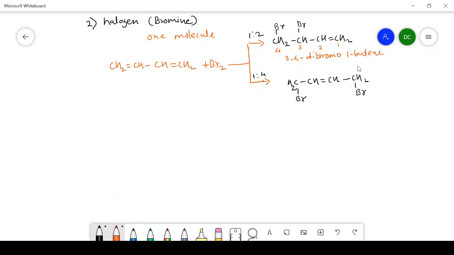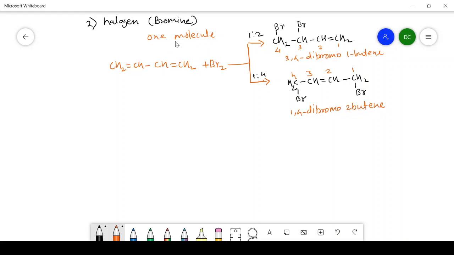If I number this carbon first, second, third, and fourth, the name of this compound will be 1,4-dibromo-2-butene.